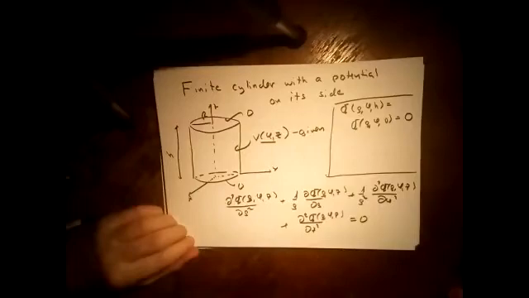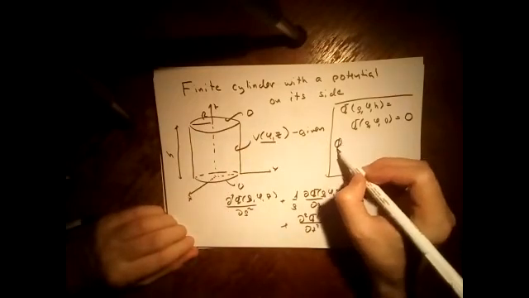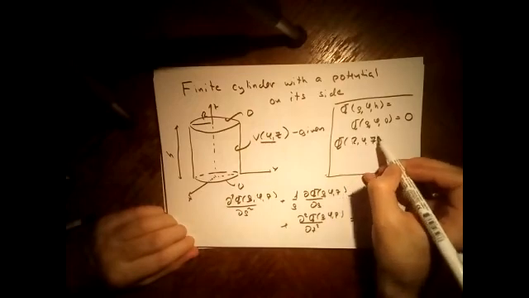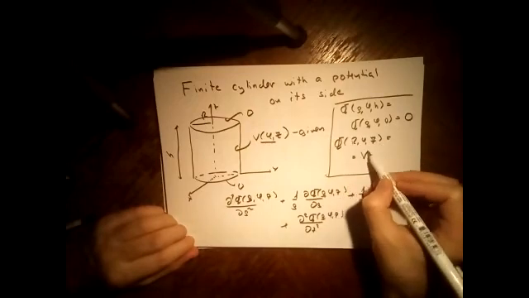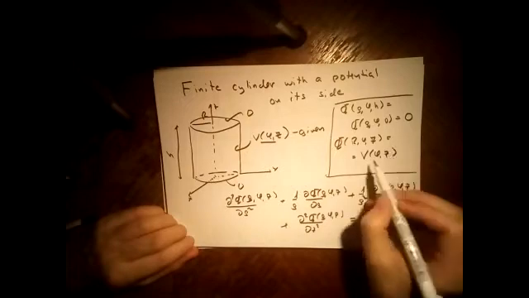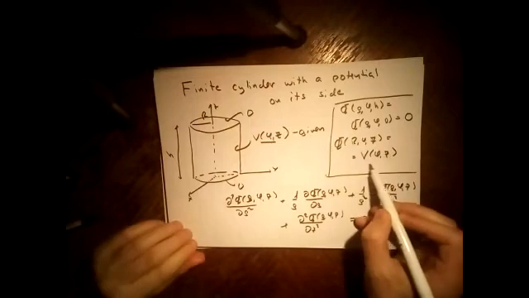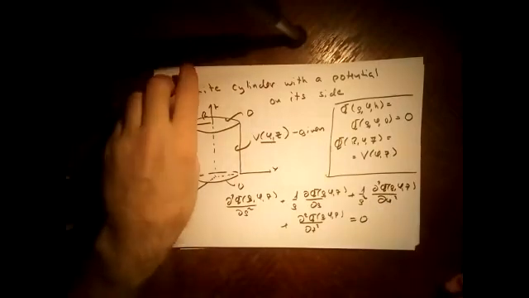Because that's one boundary condition, the disk at the top of the cylinder and the disk at the bottom. And we're also going to have Phi(r, phi, z) equal to V(phi, z). Okay, so these are the boundary conditions. V(phi, z) is some given function.